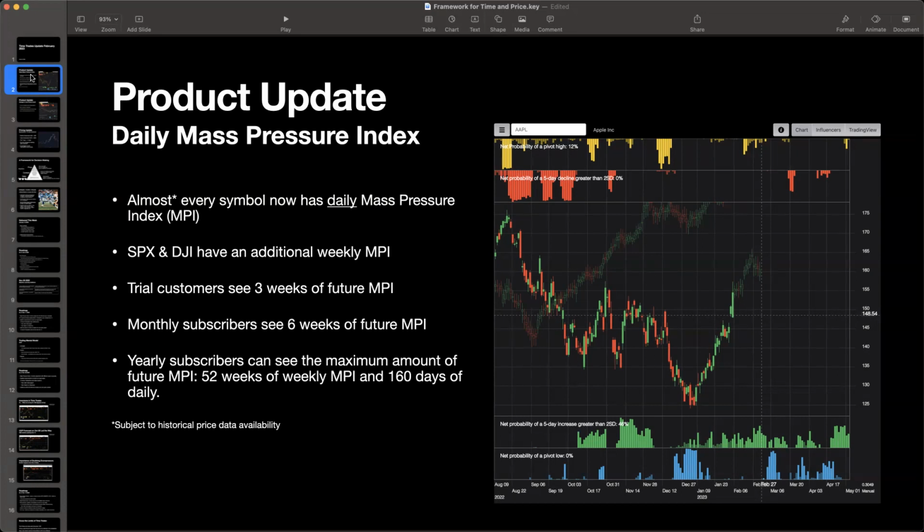It's to provide a degree of alignment and confidence with the daily probabilities that are generated by machine learning. So it's yet another tool to help you with your timing assessments. Okay, so that's the first product announcement.